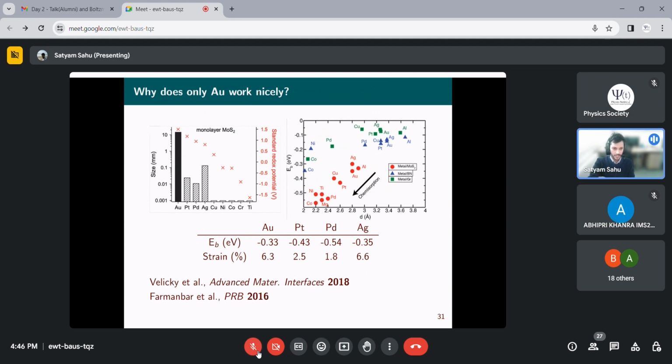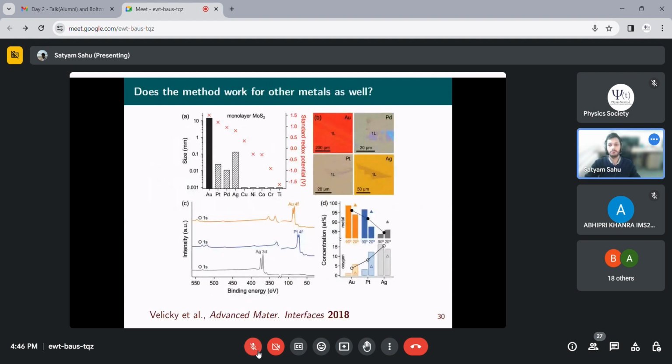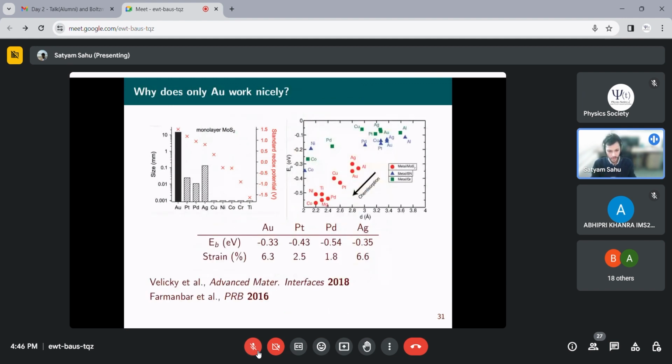So whatever metals we have seen here are all noble metals. When you have the noble metals, they do not react with the atmosphere immediately, and the nobility of these metals is defined by the standard redox potential.